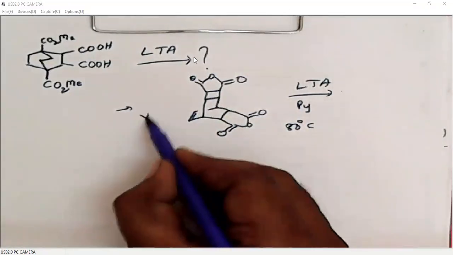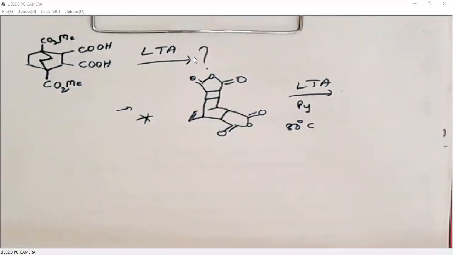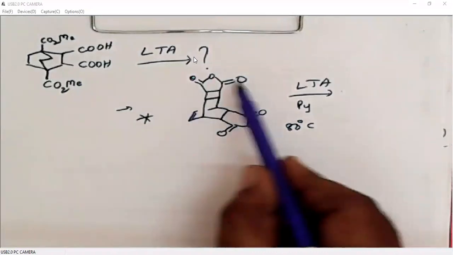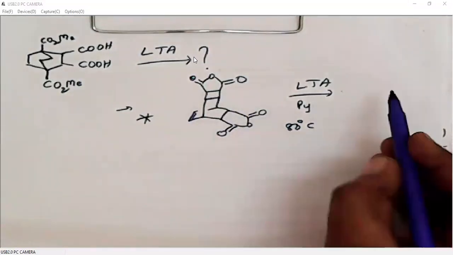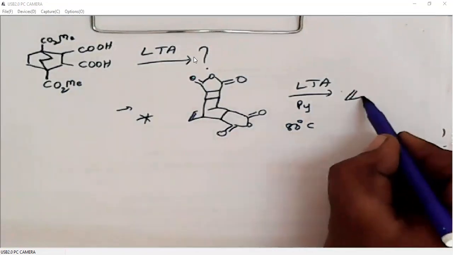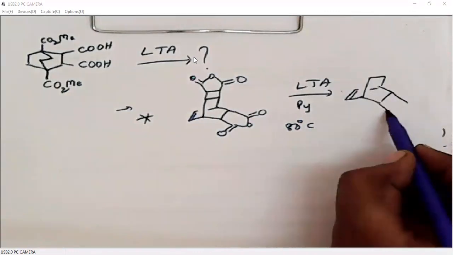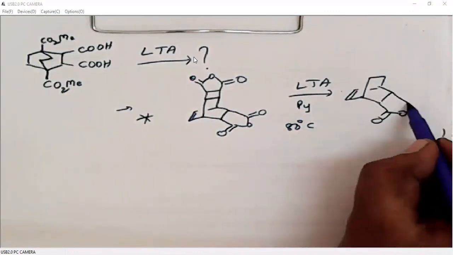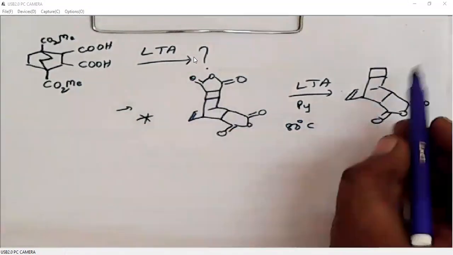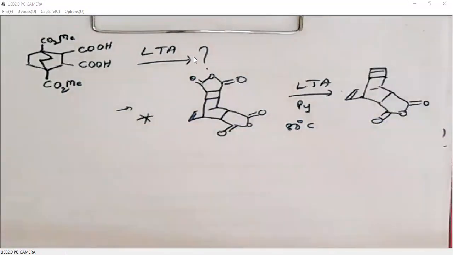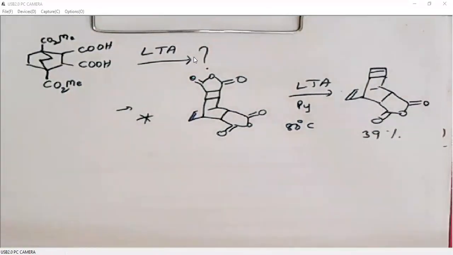In this case, only this anhydride is eliminating, but this anhydride is not eliminating. Because this anhydride is eliminating, it will generate a double bond here. Of course, the yield is very low in this case.